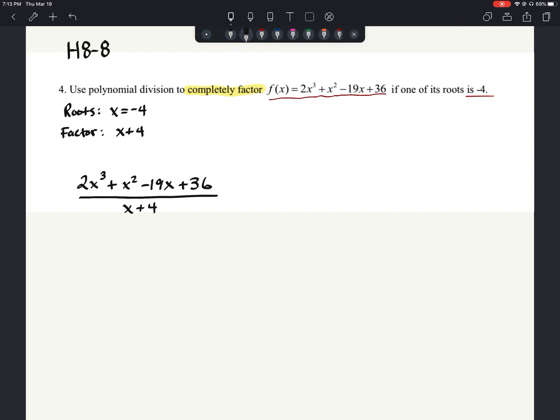Since we know negative 4 is the root, this factor is going to go into it. Since this one's in the form of x minus r, we can just use synthetic division. That'll be probably the easiest and quickest for us.